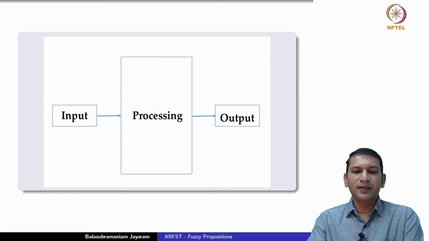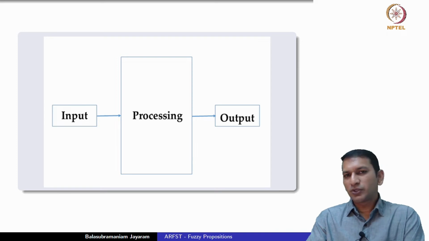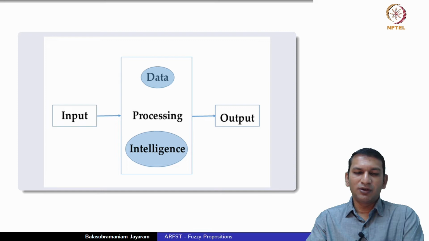Well, with this quick recap, let's look at how a general schema of fuzzy inference mechanism will look like. Now, we know that even when we are dealing with a computer or a calculator, this is essentially the setup. So we give some input, it does some processing and gives us an output. Now, to do this processing, it will depend on two essential components. These are the data and the intelligence.